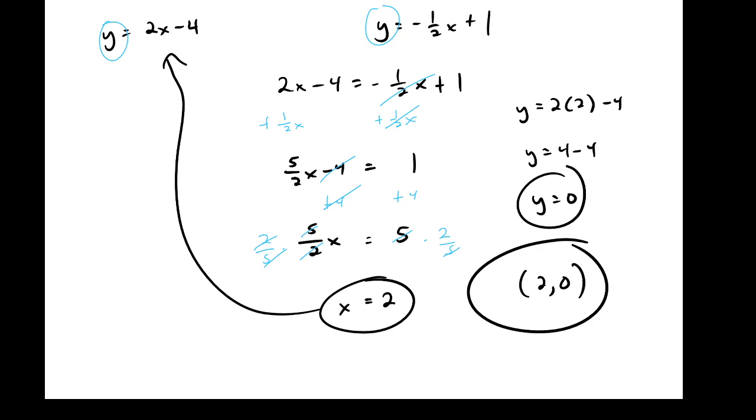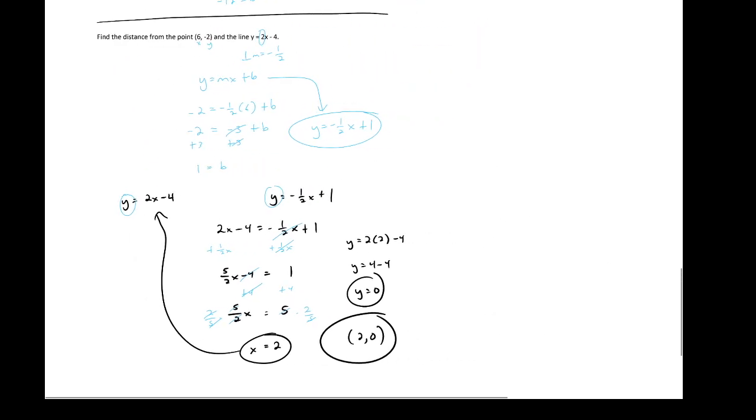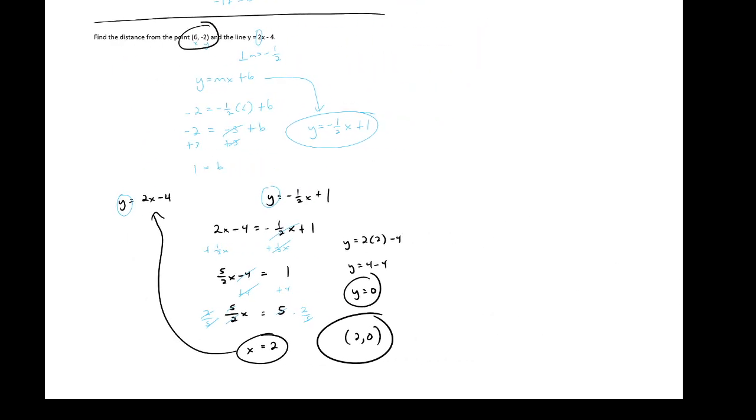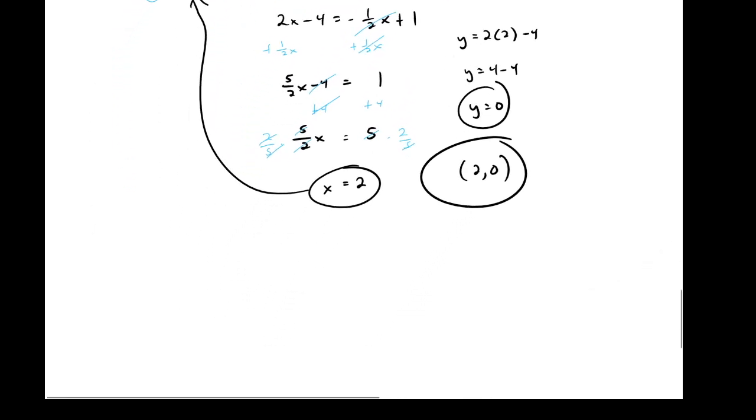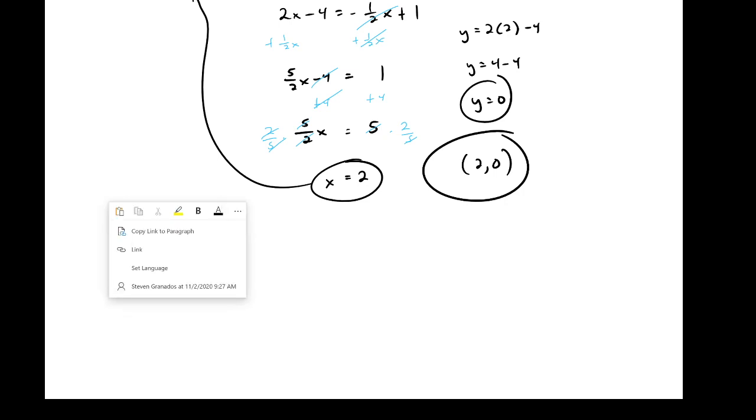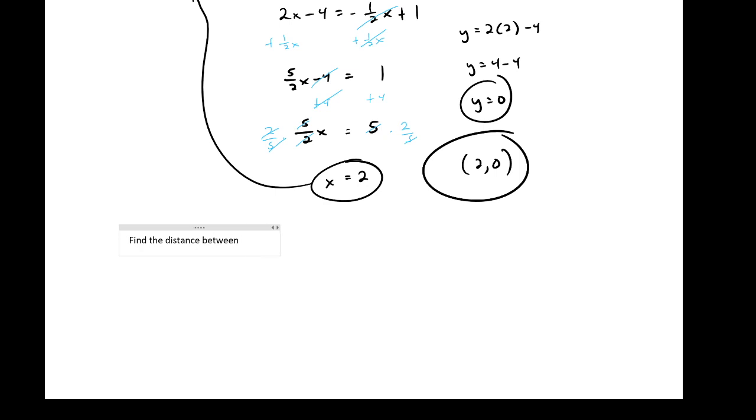Sweet. Now, go back and think about the original problem. We need to find the distance between this point and my new coordinate. So this is almost like a new problem, where my new objective is to find the distance between 6, negative 2 and 2, 0.